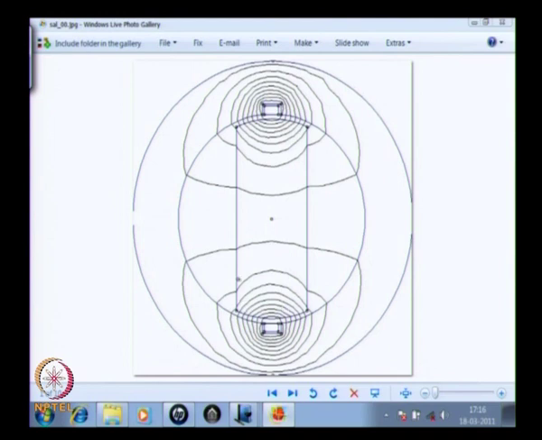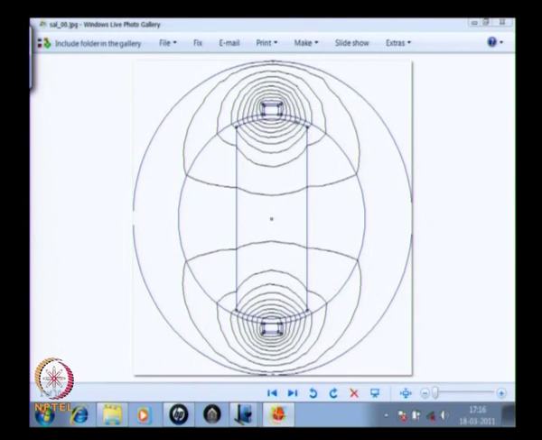It is also evident that there are plenty of flux lines here, there is very little flux lines sparsely distributed over here. So one can infer that the flux density in these regions would be high, flux density in all these areas would be low.